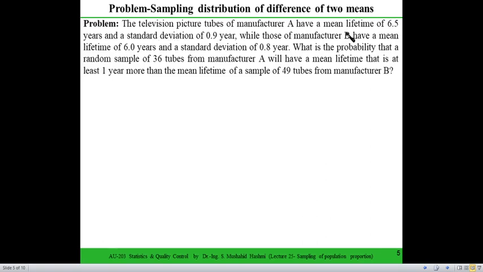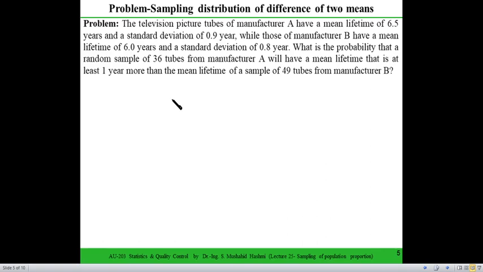But obviously, manufacturer A has a higher standard deviation, whereas manufacturer B has a somewhat lower standard deviation. Okay, so what is the probability that a random sample of 36 tubes from manufacturer A will have a mean life that is at least 1 year more than the mean life of a sample of 49 tubes from manufacturer B?